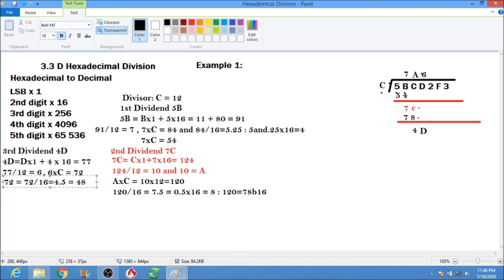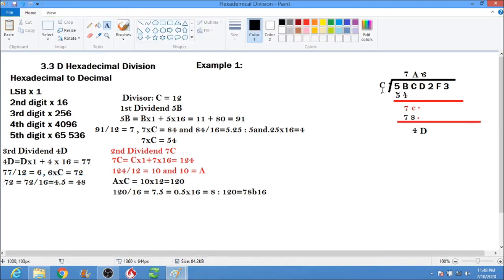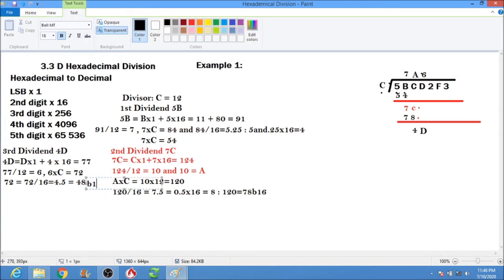So we have 48. So 6 times C is 72, and 72 in hexa, okay, this is base 16.